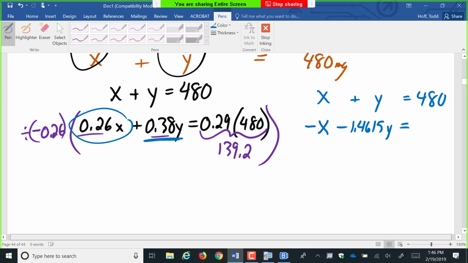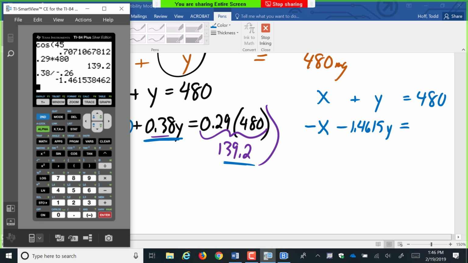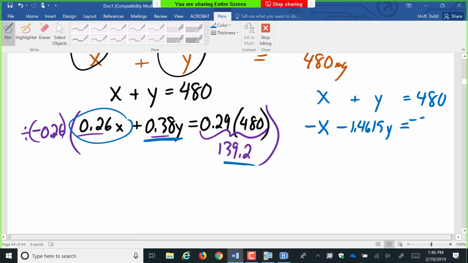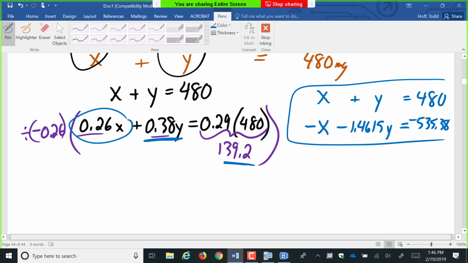And then over here, 139.2 divided by negative 0.26, negative 535.38. Now from there, we can add the equations and the x's will cancel out.